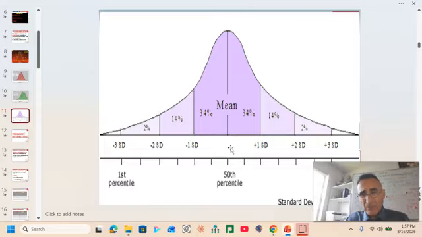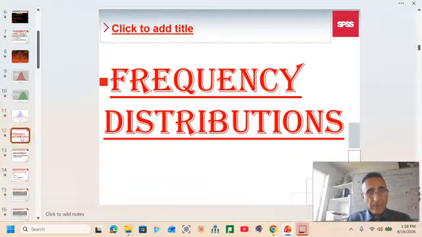But one standard deviation above and below the mean is also called high average or low average. So it's still average in terms of IQ. And then again, you go up 2 standard deviations, 3 standard deviations and beyond, or go down.